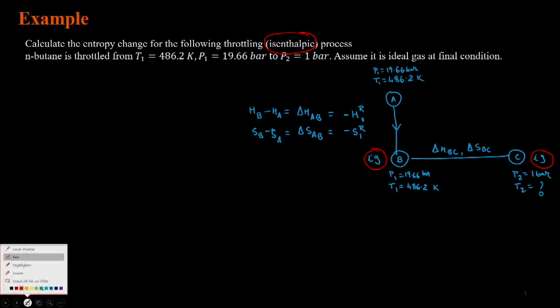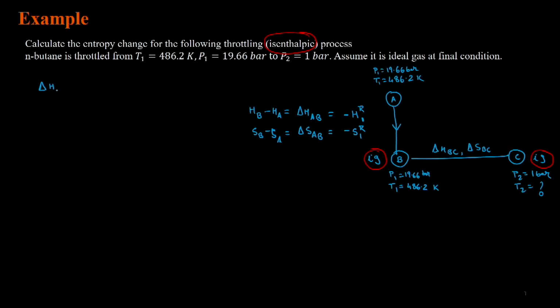What that means is that delta H from A to C, which is delta H from A to B plus delta H from B to C, equals 0. That's because the process is isenthalpic, right? So what this means then is negative of H1R plus delta H B to C is 0.